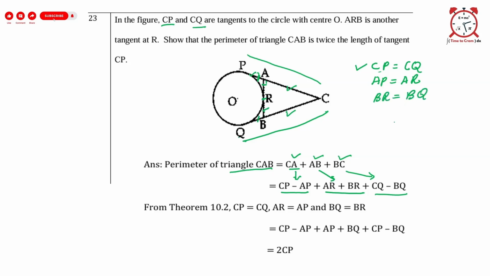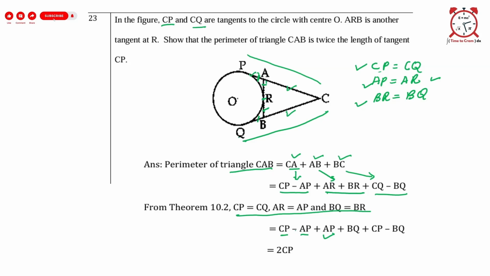As per requirement we will replace the values from these three equations. Now CP as it is, AP as it is here, we do not have to make a change, but AR equals AP. So in place of AR we are keeping AP. Why?